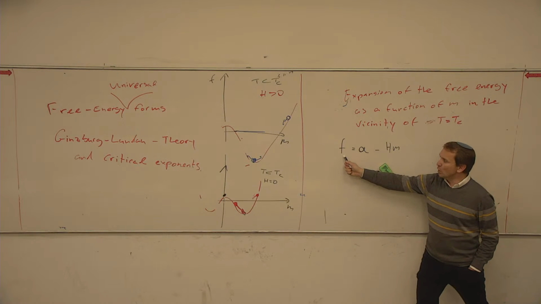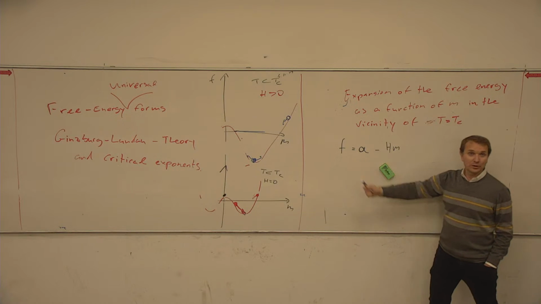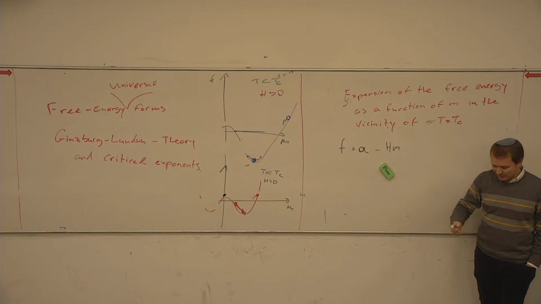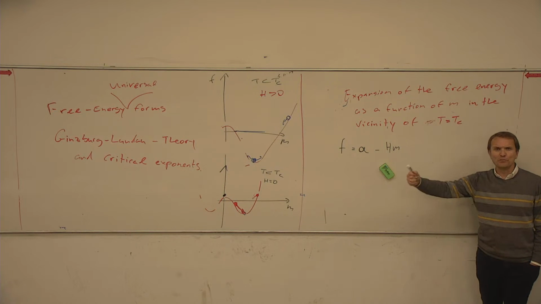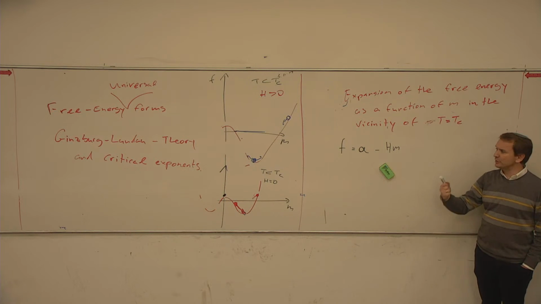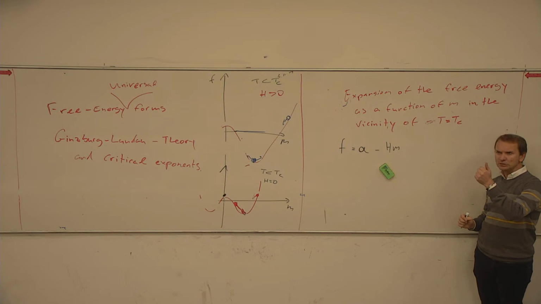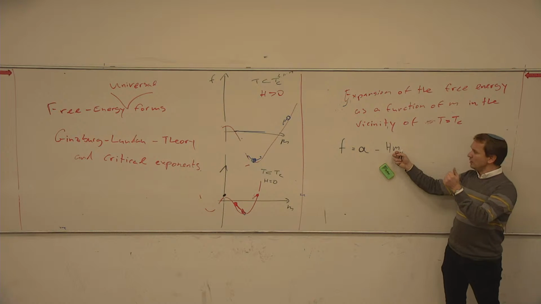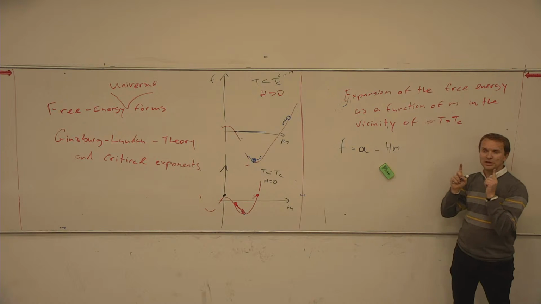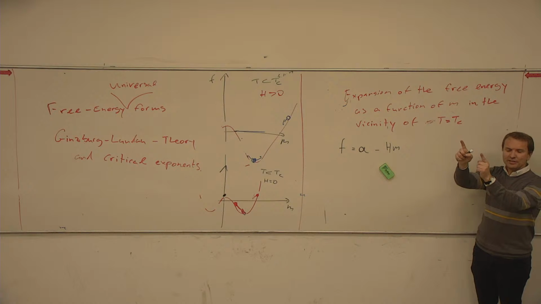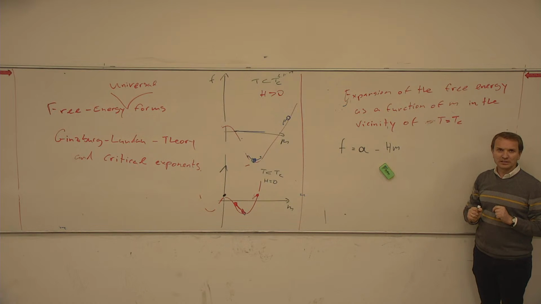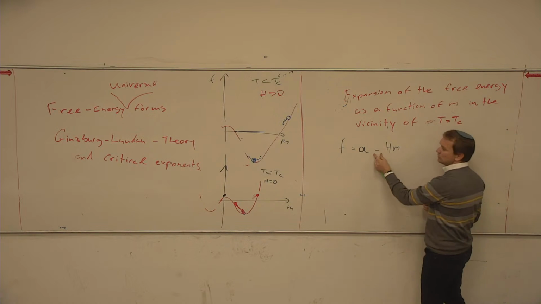So it's going to lower down the free energy, because I know that the equilibrium occurs for the minimal point of the free energy. So if there is an external magnetic field, the induced magnetic moment should be in the same direction, or the same sign, as the external magnetic field. So we'll have a minus over here.